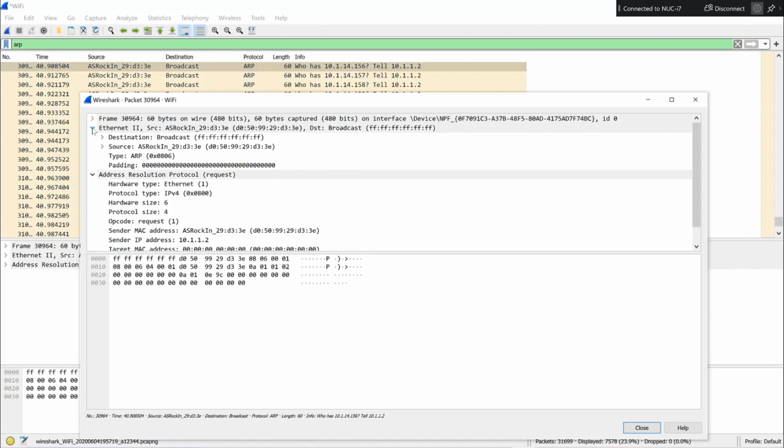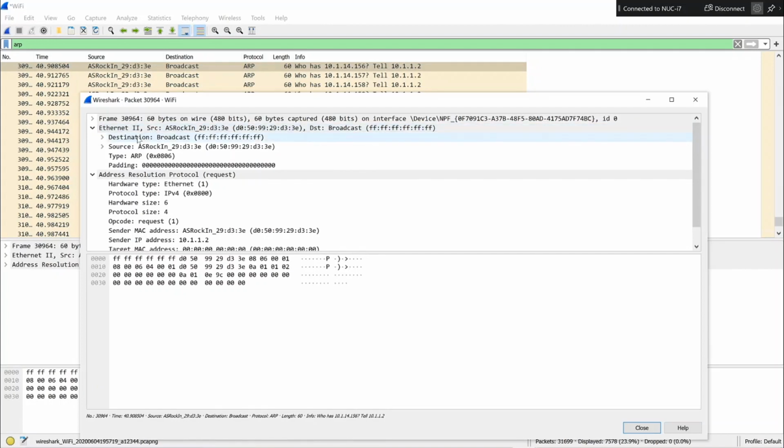So in terms of Ethernet 2, the question was indeed, how do you determine the length? Now, you can see there in the uppermost line that it captured 60 bytes on the wire, 480 bits. But how did it know that it should capture so many? Leaving that as a question for you to consider.